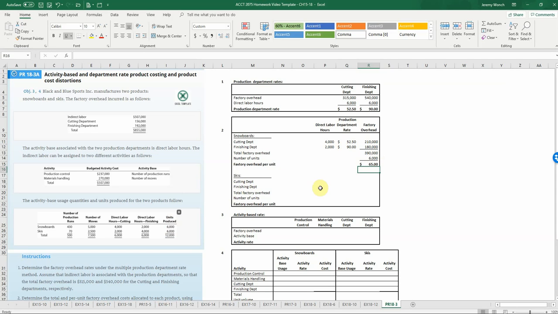Let's do the same thing for the skis. The skis in the cutting department have 2,000 direct labor hours. The finishing department is 4,000. Assign our departmental rates of 52.50 and 90. Multiply that out.